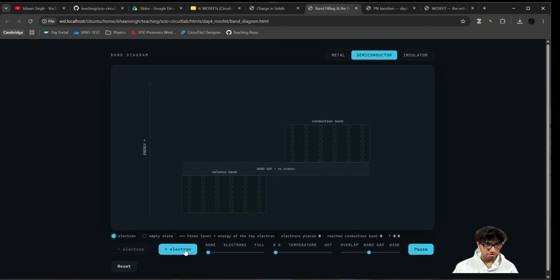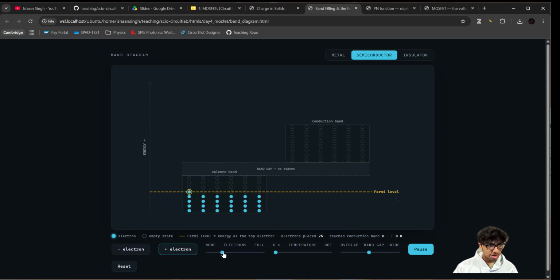Essentially, when we think about the Fermi level, we're saying if I add in electrons to a material one at a time, the electrons will each occupy a state. And those states will go from low energy to high energy. We'll fill the lowest energy states first, then we'll work our way up to the higher energy states. So you can see what I'm doing here. I'm going to add in electrons, and I'm going to keep doing that. And as I add in electrons, I reach higher and higher states.